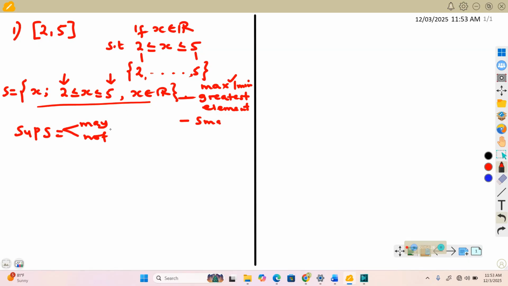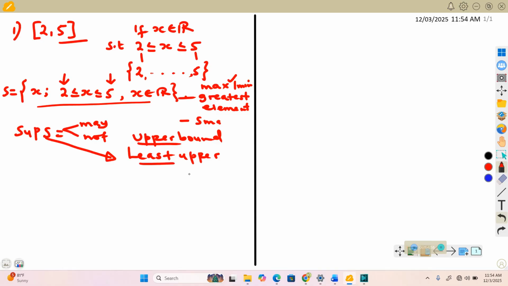However, the supremum deals with what we call the upper bounds. So you must know what the bounds of this set are, and if it is an upper bound, what is the least upper bound? The least upper bound is what we call the supremum of this given set. So for it to be the supremum, it must be an upper bound, and it must be the least upper bound.